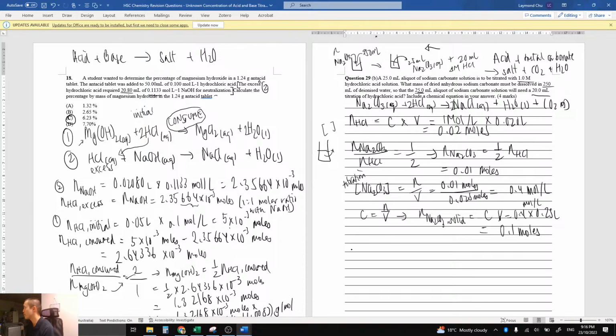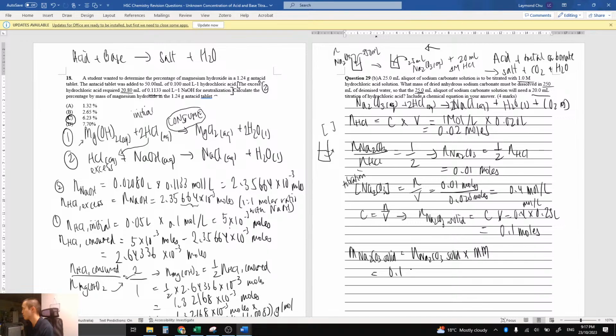How do we get the mass of how much to add in there? We do this through moles times molar mass. The mass of Na2CO3 solid is 0.1 moles times the molar mass. Now what's our molar mass?